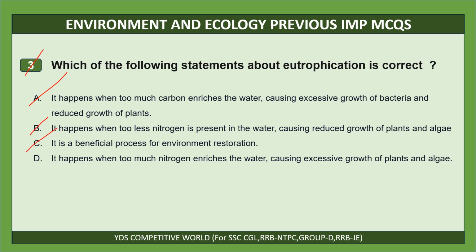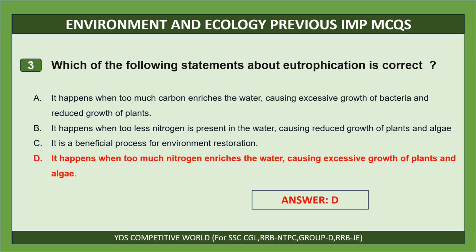Option C. It is a beneficial process for environment restoration. Option D. It happens when too much nitrogen enriches the water, causing the excessive growth of plants and algae. Option D is the correct answer.